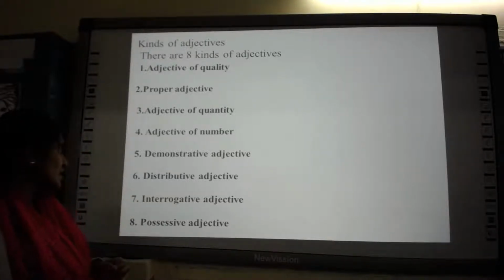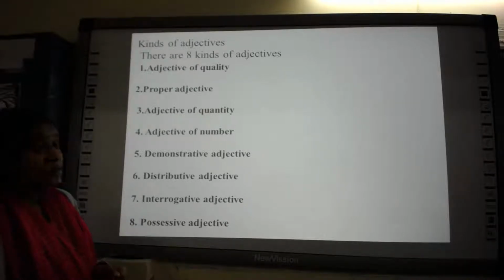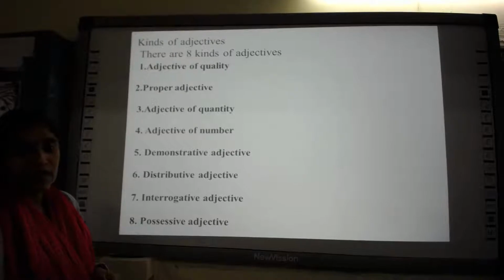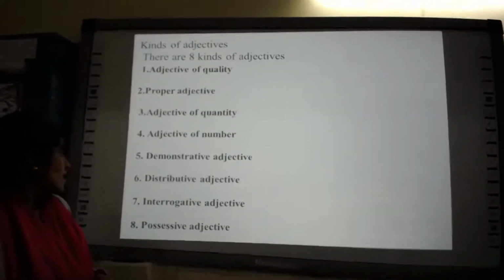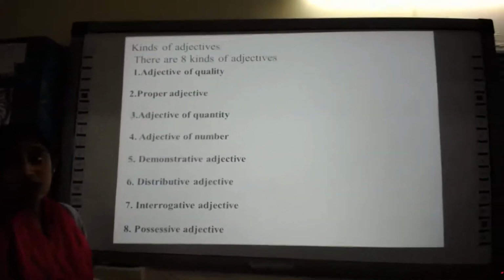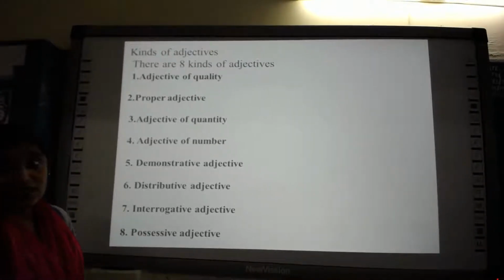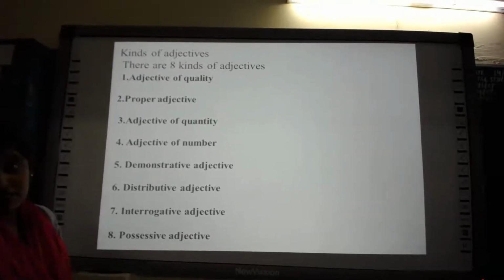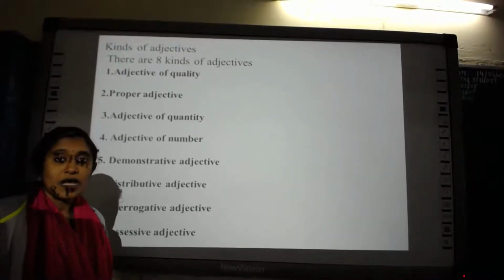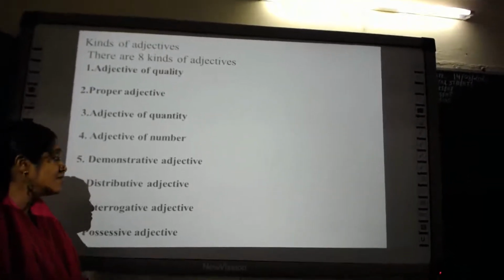Sixth one, distributive adjective. Seventh one is interrogative adjective. And the last one is possessive adjective.